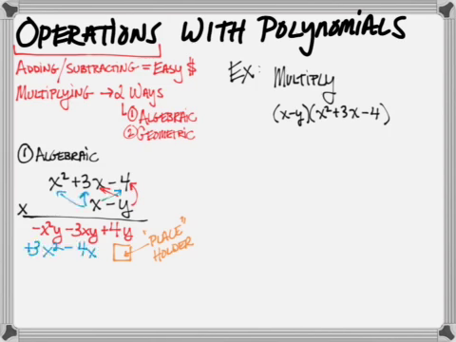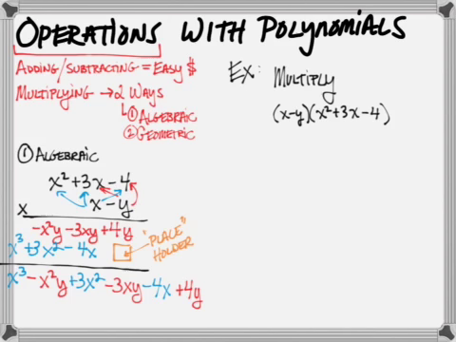And I multiply through by the x, and I get x to the third plus 3x squared minus 4x. And now I have to add them up. X to the third minus x squared y plus 3x squared minus 3xy minus 4x plus 4y. Are there any like terms that I can combine with that? So I don't have any other x to the thirds, I don't have any other x squared y, I don't have any other x squared, xy's, x's, or y's. So that's as good as it gets.